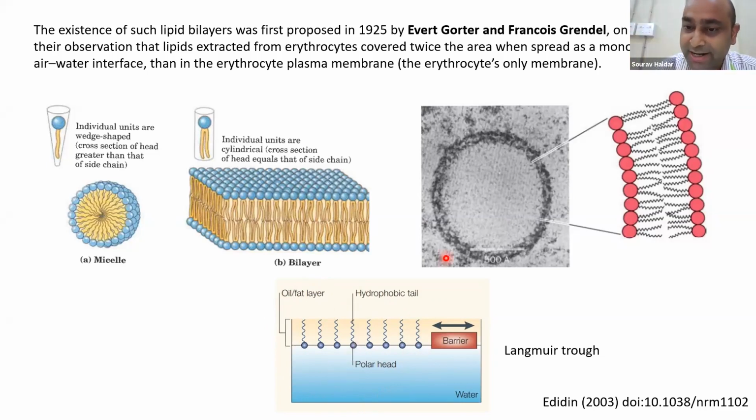In Gorter and Grendel's experiment, this is exactly what they did. They isolated all the lipids and estimated the area. They knew the size of the erythrocyte, so they could calculate the surface area, and what they found is that the area covered by all the lipids is actually double the surface area of the erythrocyte. That led them to conclude that the lipids are forming a bilayer.